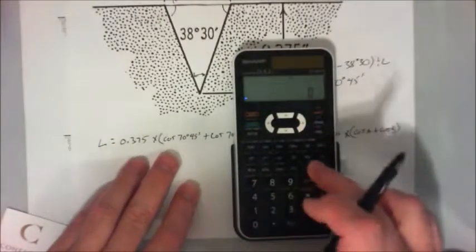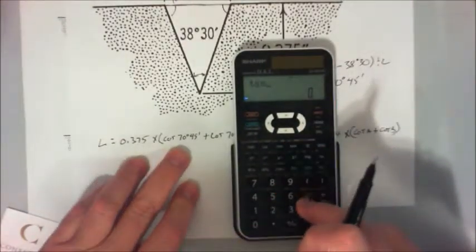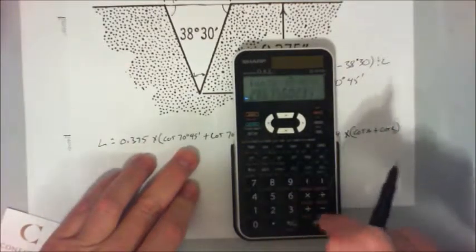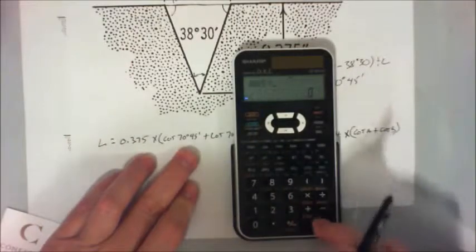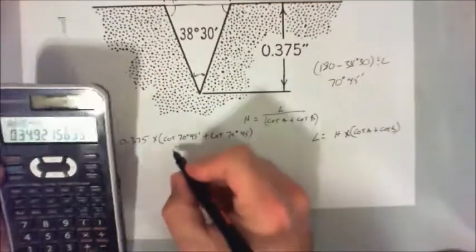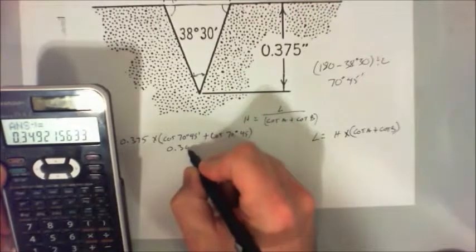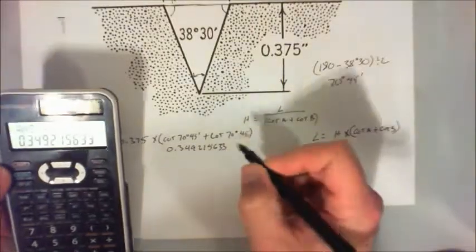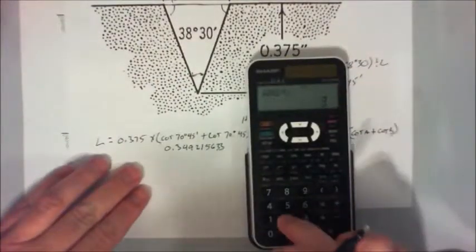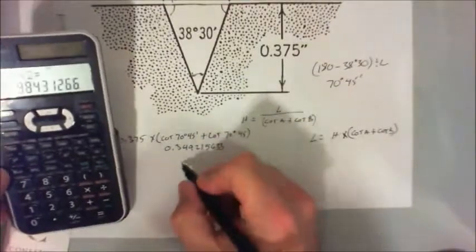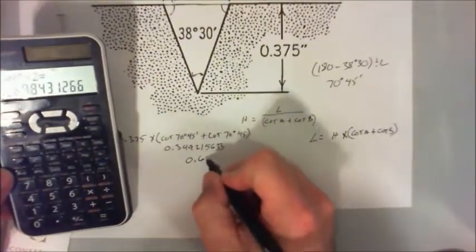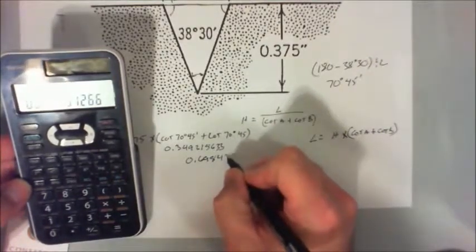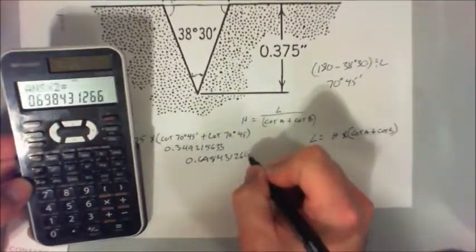So let's figure out what our cotangent is. So we're going to go tan 70 DMS 45 equals, second function, 1 over equals. So this guy here is 0.34921563, and I'm going to say times 2, which equals 0.698431266.